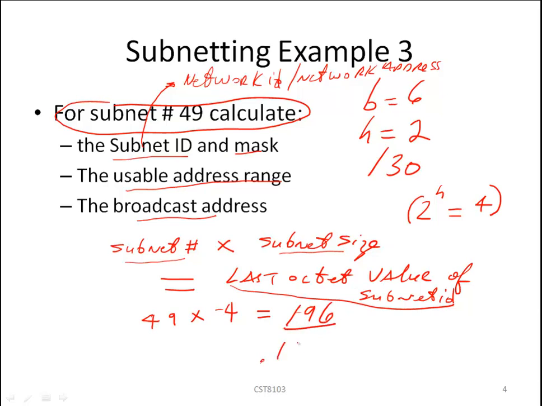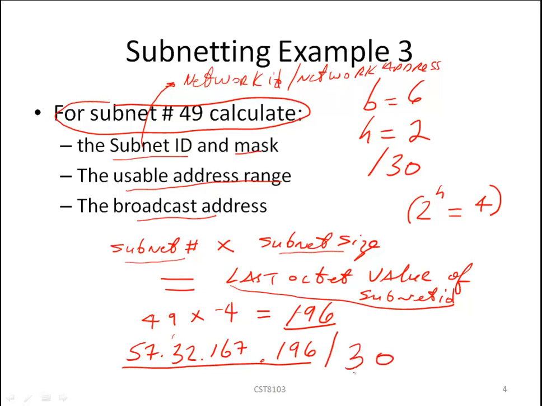And our first three octets are 57.32.167. So 57.32.167.196 is the subnet ID or the network ID of subnet number 49. And the mask, of course, is a /30, which we've already calculated.